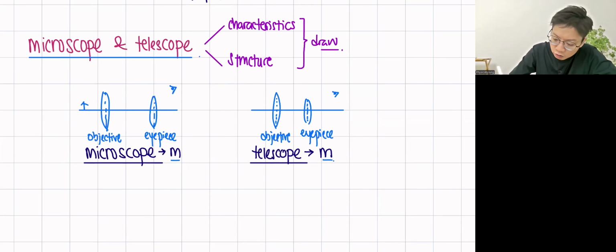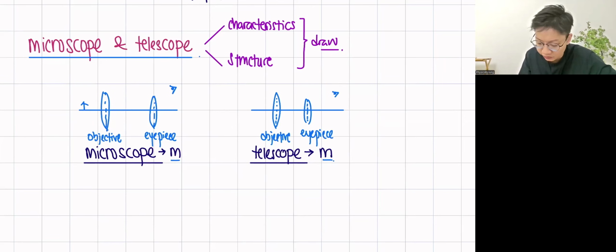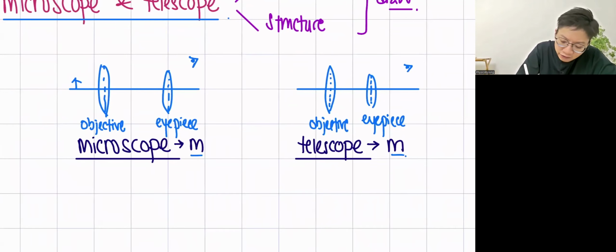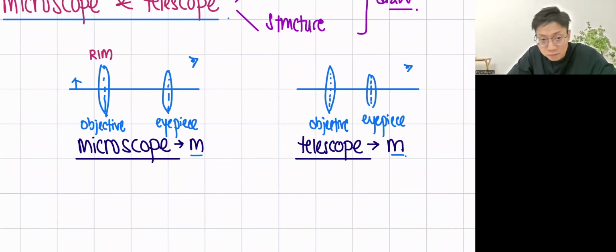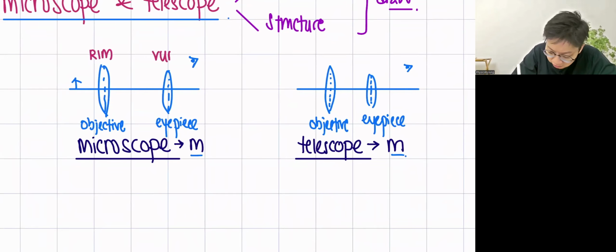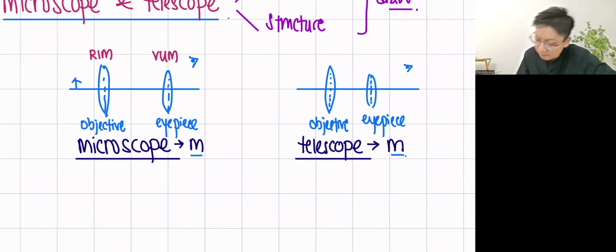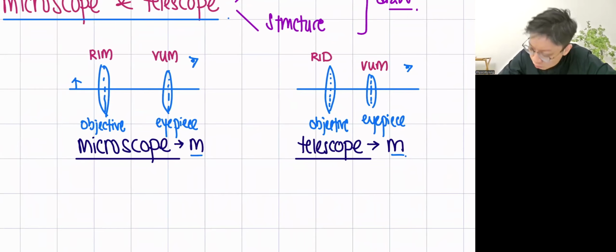Now you need to know the characteristics first. The objective lens forms real, inverted, magnified. Eyepiece lens forms virtual, upright, magnified. Objective lens forms real, inverted, diminished, RID. Eyepiece forms VUM.